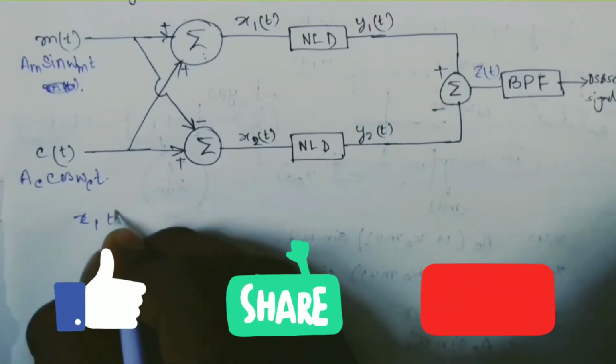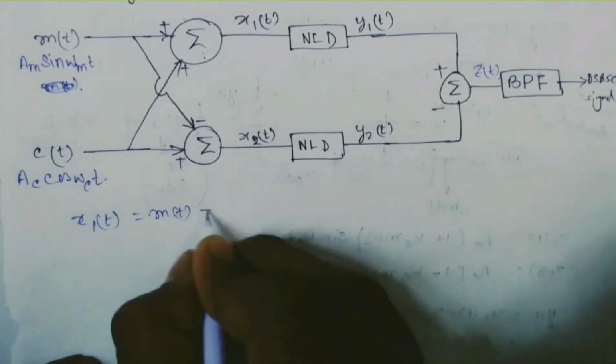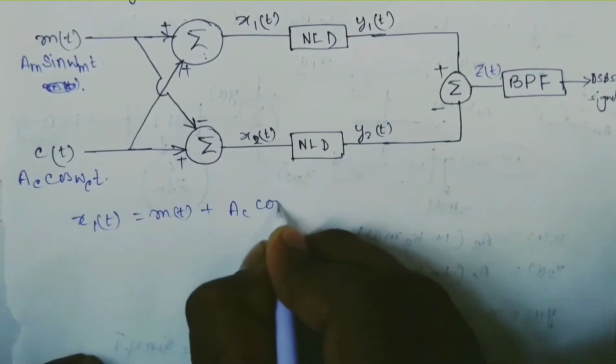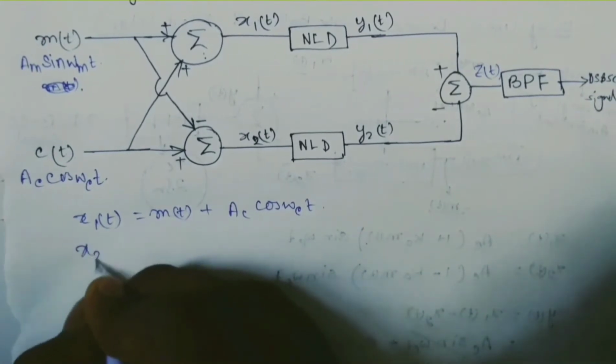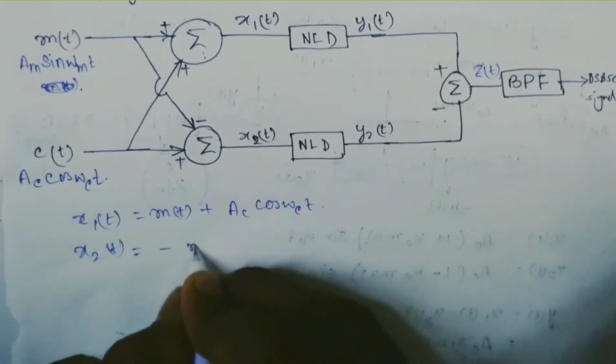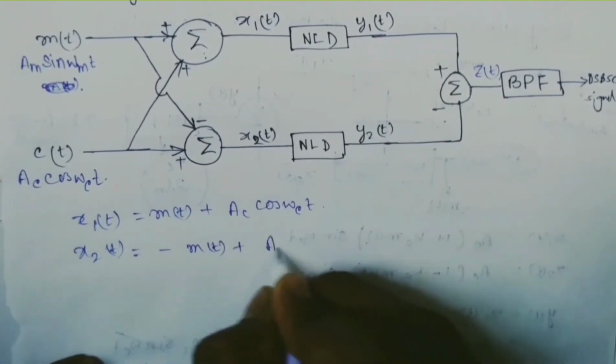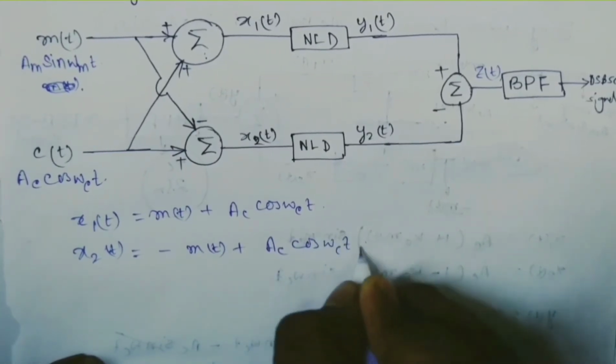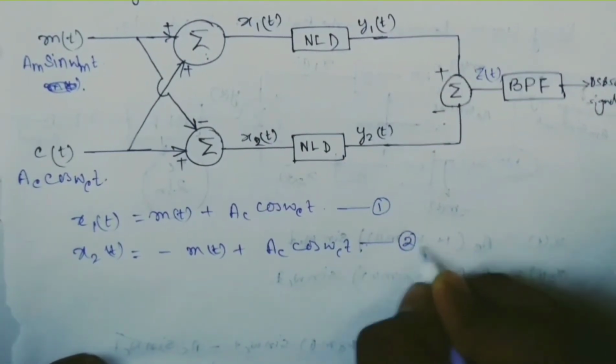So here x1(t) will be m(t) plus Ac cos omega c t, and x2(t) will be minus m(t) plus Ac cos omega c t. Let me mark these as 1 and 2.